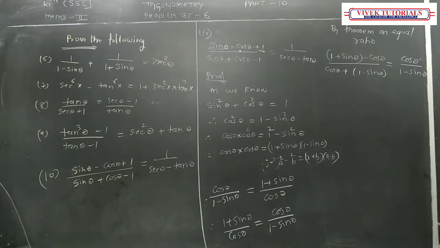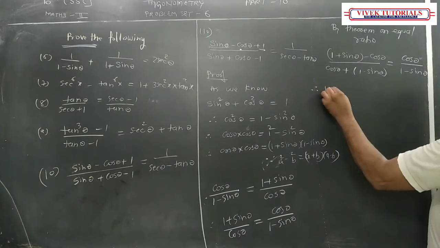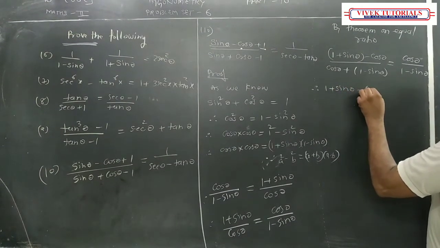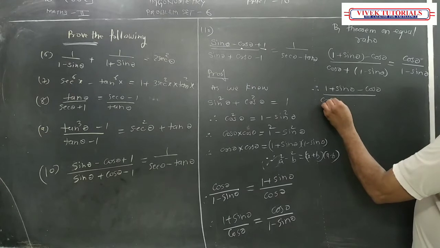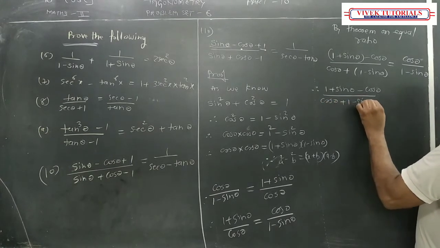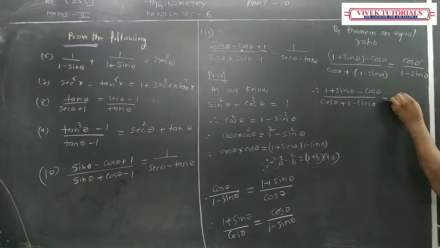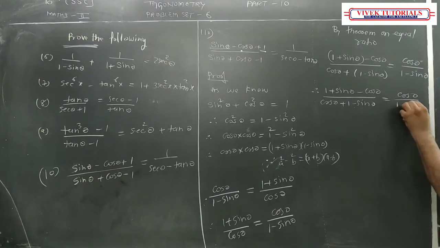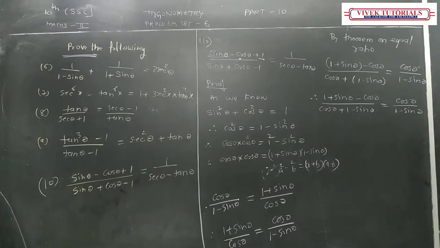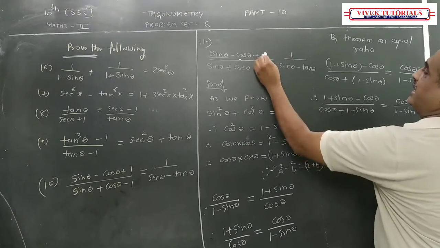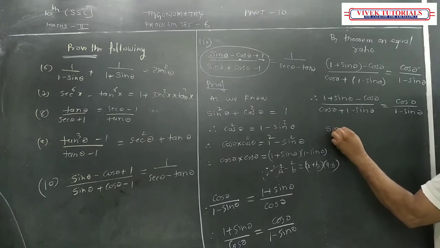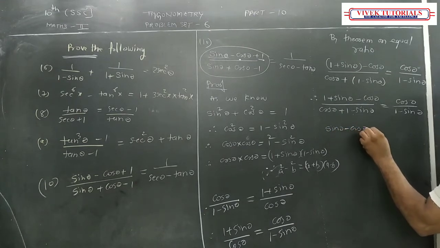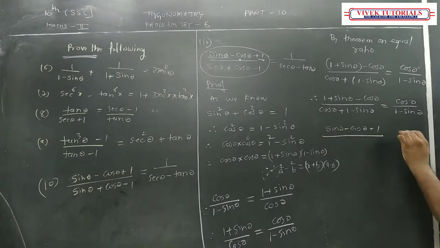So when we solve this, we get 1 plus sin theta minus cos theta upon cos theta plus 1 minus sin theta is equal to cos theta upon 1 minus sin theta. Now, if you rearrange it properly, we'll get this part: sin theta minus cos theta plus 1.